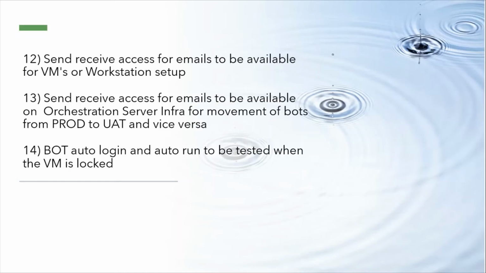That's the email of the main RPA COE manager, and from there just download the bot along with the dependencies. Now this is only possible when you have send receive access available on the control room or the orchestration server. In case it is not available, please ensure the SMTP access ports are also made available on the server infra. Again, you need to follow the process of whitelisting on the firewall, and you need to reach back to the IT team to get that sorted.